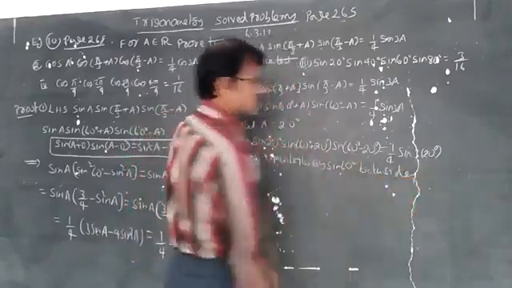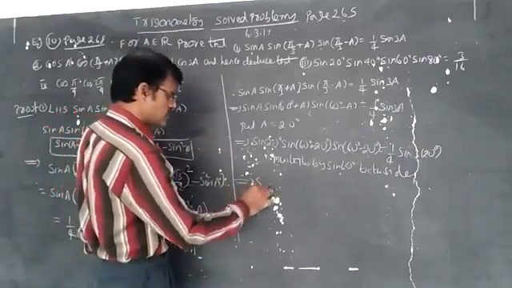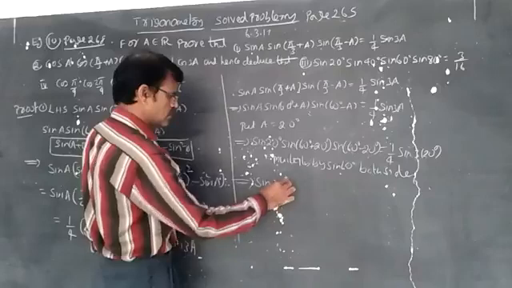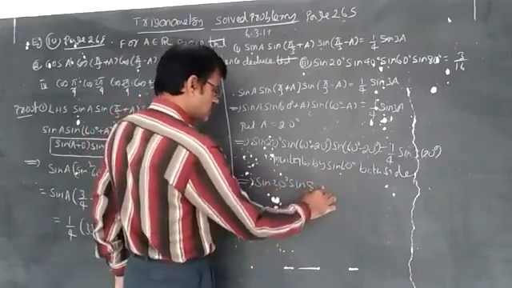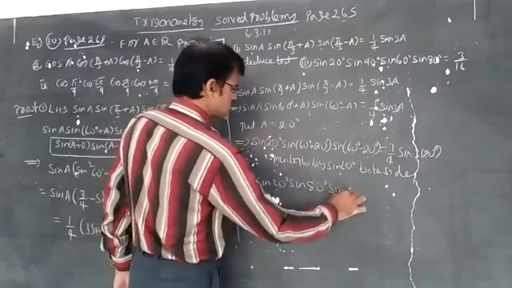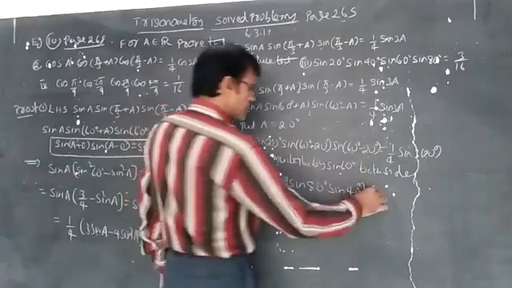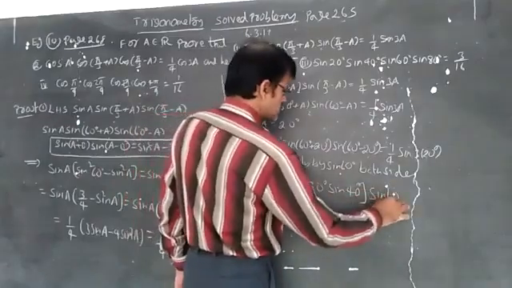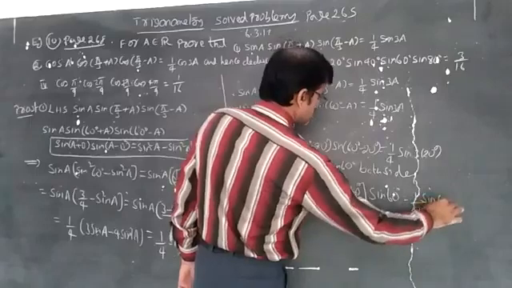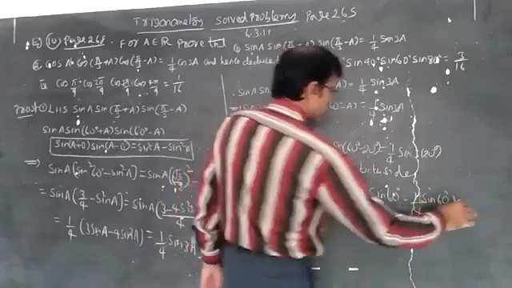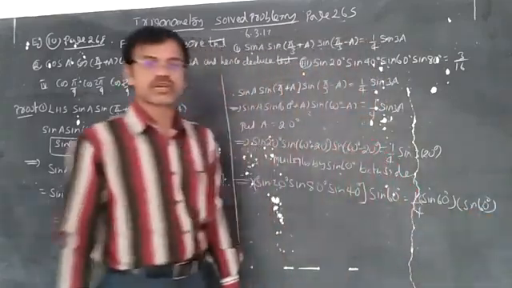That implies sin 20 degrees into sin of 60 plus 20, which becomes 80 degrees, into sin of 60 minus 20, which becomes 40 degrees, and multiplying both sides by sin 60, we can write sin 60 into 1 by 4 into sin 60 into sin 60, sin 60 two times.